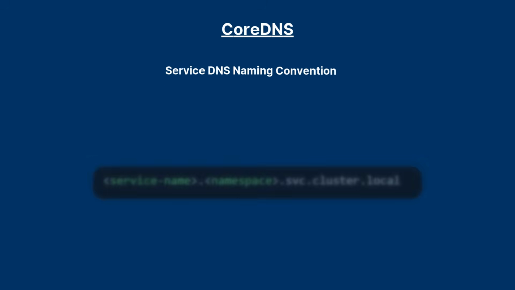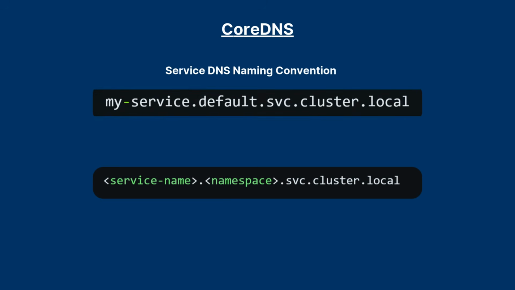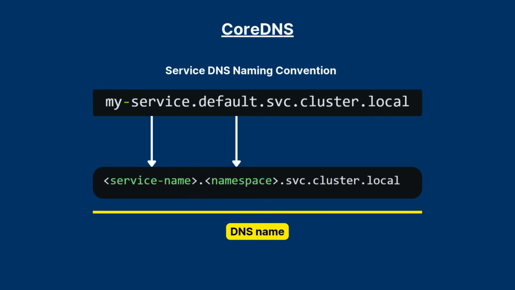Let's understand this service DNS naming convention. This is the full DNS name of the service. Here my-service is the service name, default is the namespace, and this complete name is called the DNS name. But usually a pod in the same namespace can just use my-service and it would work.